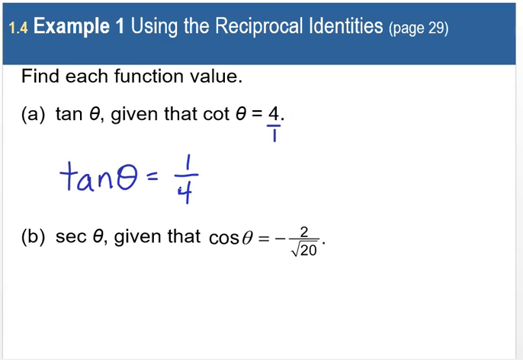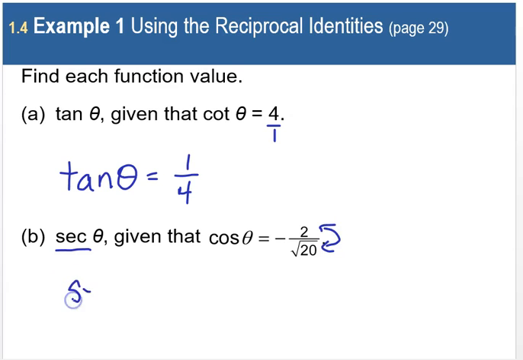And then similarly, we have secant of theta is what we're asked to find if we are given that cosine of theta is equal to negative 2 over square root of 20. Well, again, that's not that hard to find. Just flip this around and we've got our answer.